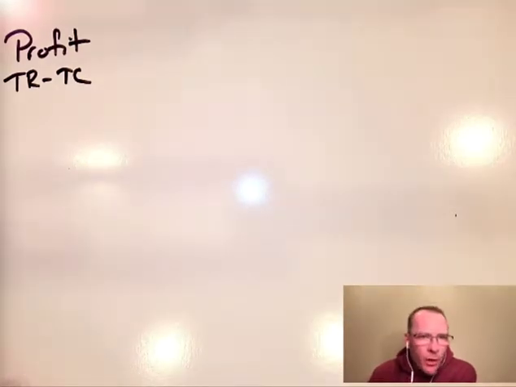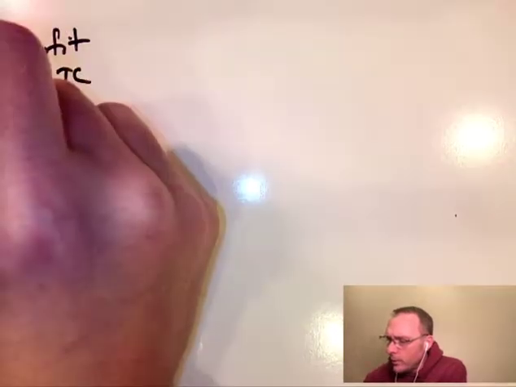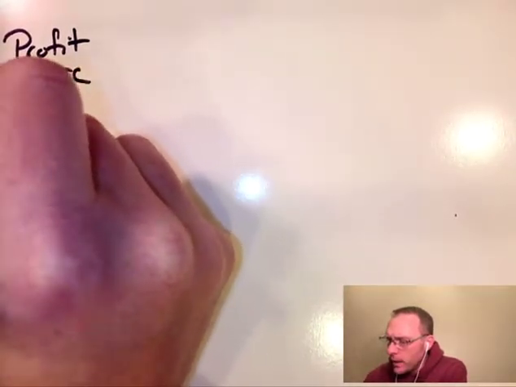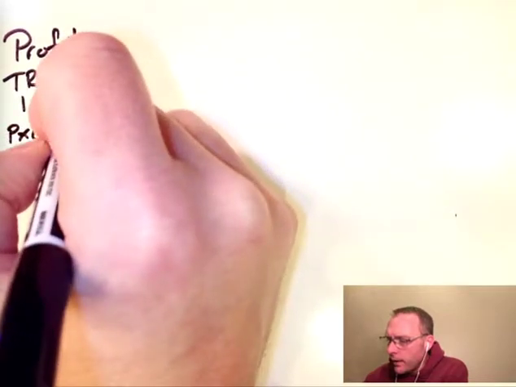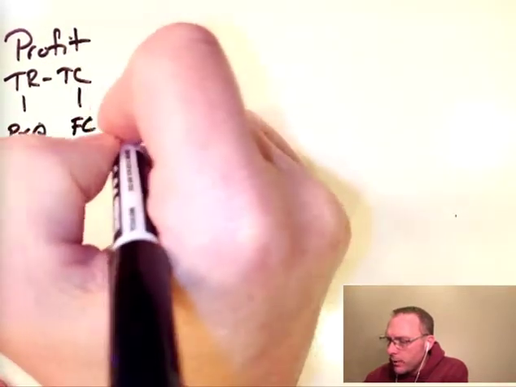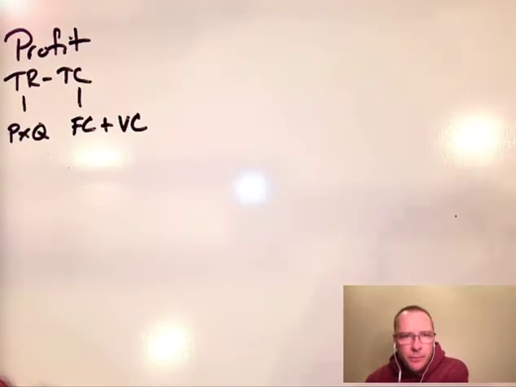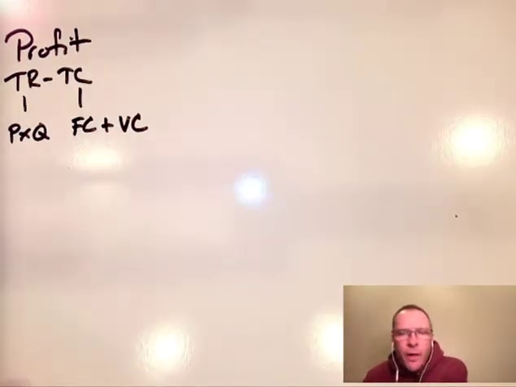As you go through, where do we come up with our total revenue? Remember, total revenue is just price times quantity. My total costs are my fixed costs plus my variable costs. As I look at different types of costs, I also know that my costs can be explicit or implicit.